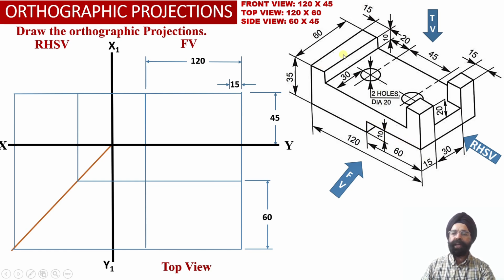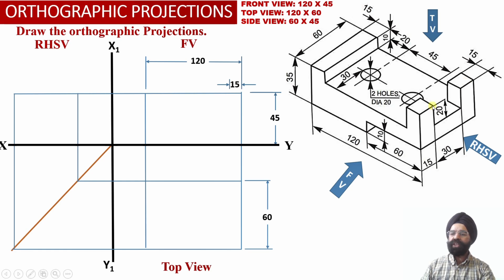Then element number 2 happens to be a vertical web which has a height equal to 10 millimeter and a depth equal to 60 millimeter. Then we have element number 3. These are two square blocks which are located on the right hand side of the solid, and they are in a symmetrical position in such a way that one of the blocks is on the front side and the second square block is on the rear side of the solid over here.